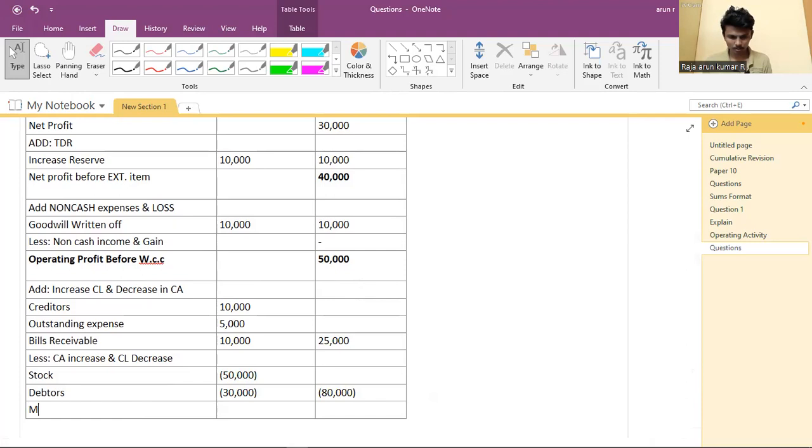This is the net cash flow from operating activity.